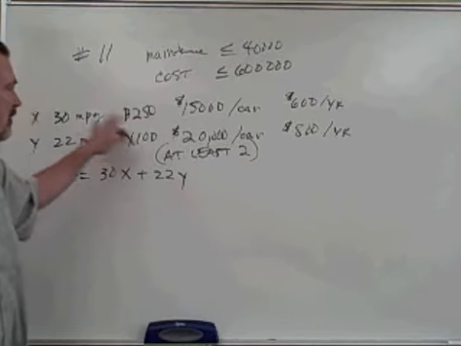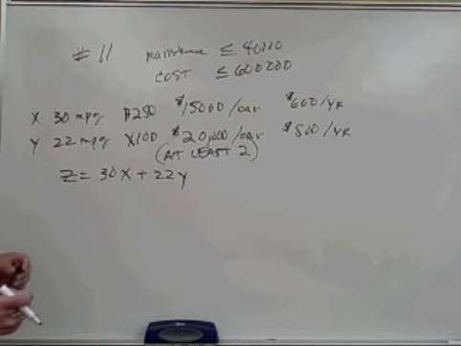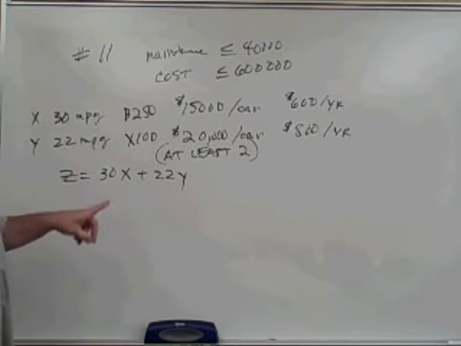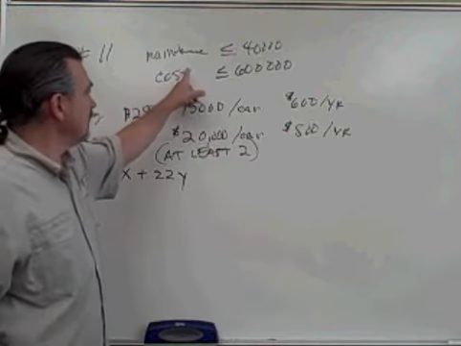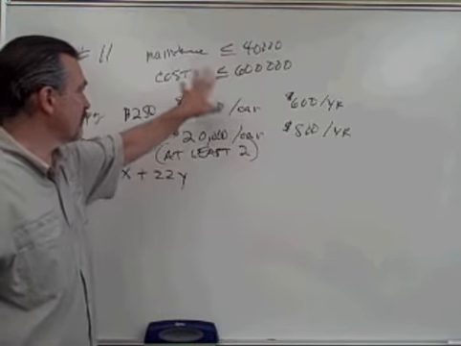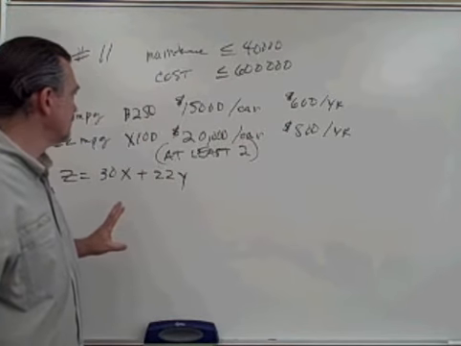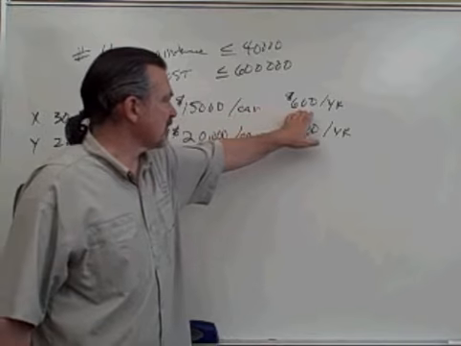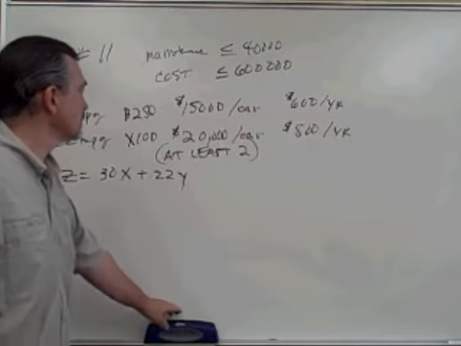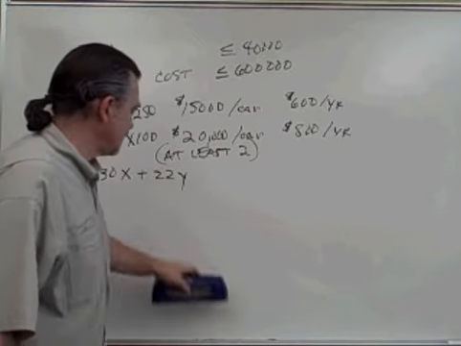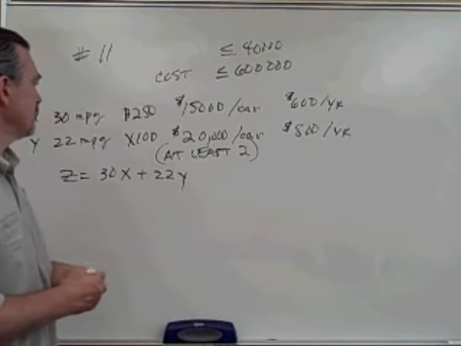So let's see if we can put all this information together into some constraints. Well, again, let's start with that constraint of maintenance. We can only spend $40,000, that's how much has been allocated, for maintenance for the whole year. And for the B250s, it costs $600 per year for each car. And the X100s, the annual maintenance is $800 per year.